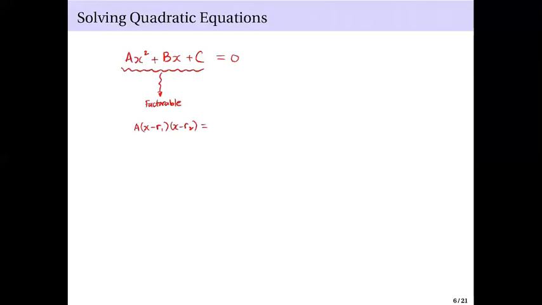And if this is equal to 0, and we're able to factor it like this, then the values of x will be x equals r1 or x equals r2.